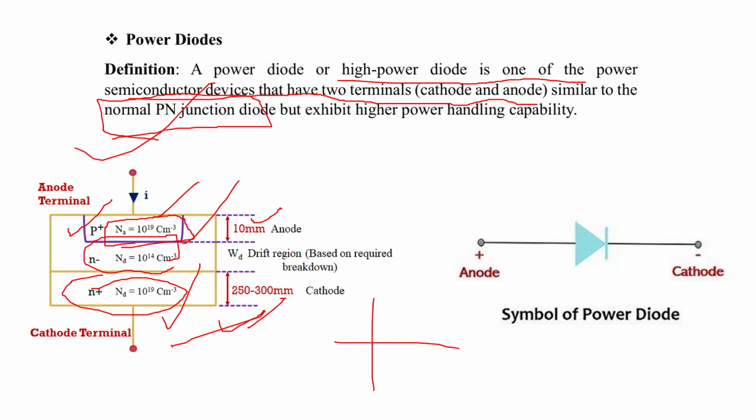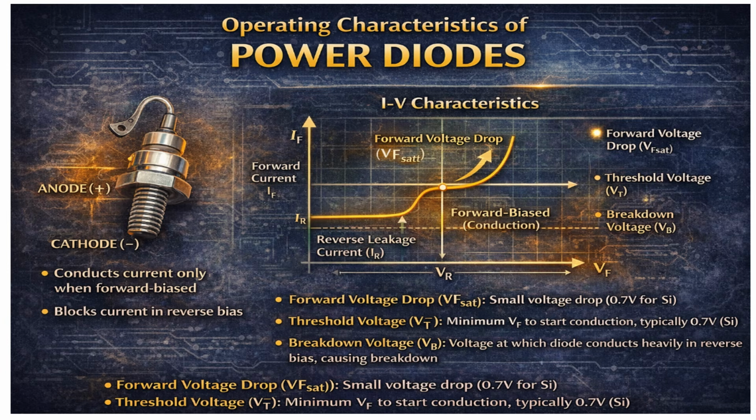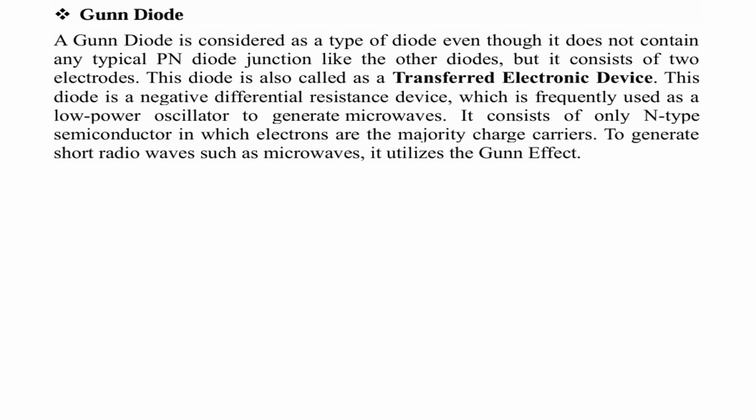The symbol is simple, similar to the normal diode, and the characteristic is also like the normal diode. In the forward direction current will flow, and in reverse bias no current, but after breakdown some amount of current definitely will flow.